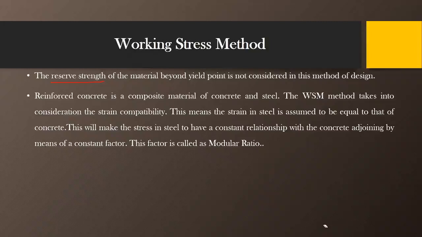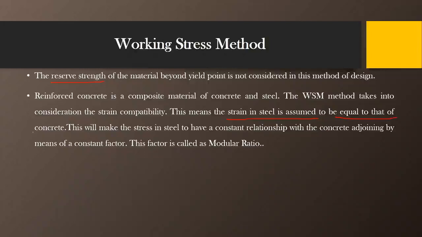It is a combination of concrete and steel, and the working stress method takes into consideration the strain compatibility. Strain compatibility means the strain in steel is assumed to be equal to that of concrete. It means that whenever the concrete is subjected to external load, the strain in steel and the strain in the concrete surrounding that steel is assumed to be equal.